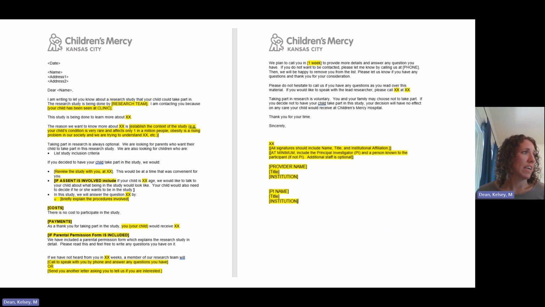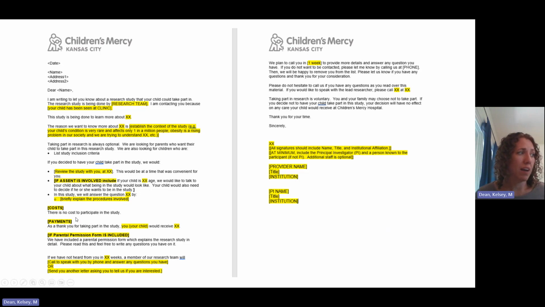So basically, it is almost identical to probably the letters that you've used before for recruitment, where you talk about who the study's being done by, why you're contacting them, just saying we're contacting you because you're seen in this clinic, that you meet this criteria, or this is why we're doing the study. So all those typical things that you would put in.